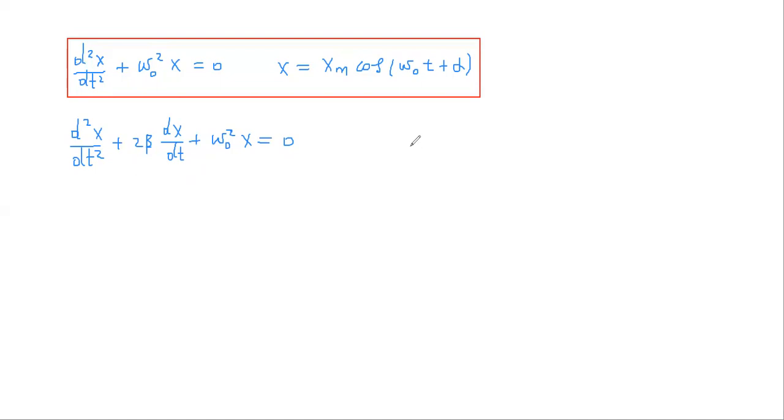And on our last lesson, we tried to use substitution.